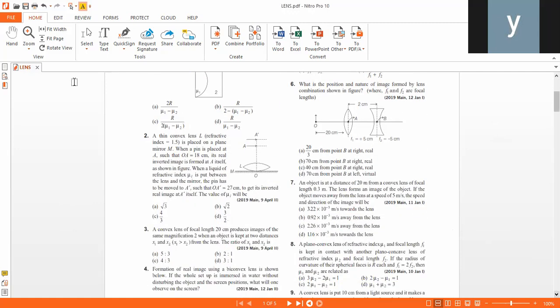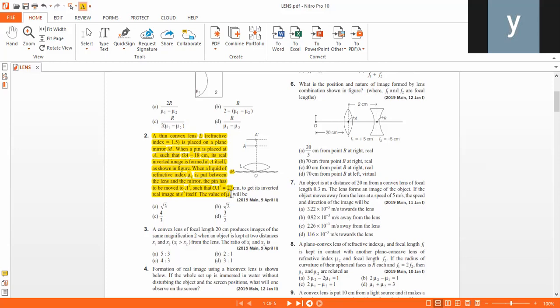Next question. A thin convex lens having a refractive index 1.5 is placed on a plane mirror. When a pin is placed at A such that OA is equal to 18 centimeter, its real inverted image is formed at A itself.